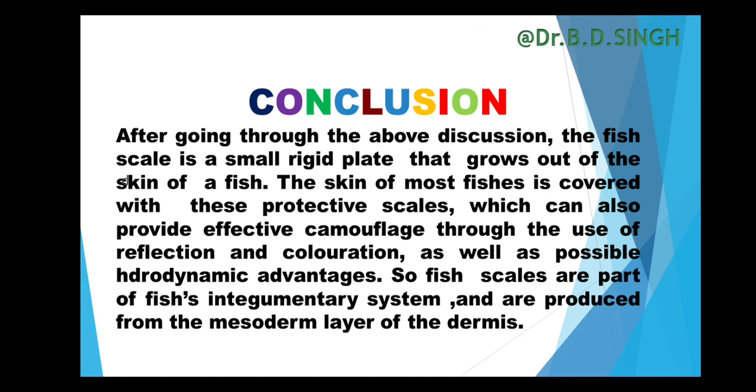The skin of most fishes is covered with these protective scales, which can also provide effective camouflage through the use of reflection and coloration, as well as possible hydrodynamic advantage. So fish scales are part of the fish's integumentary system and are produced from the mesoderm layer of the dermis.